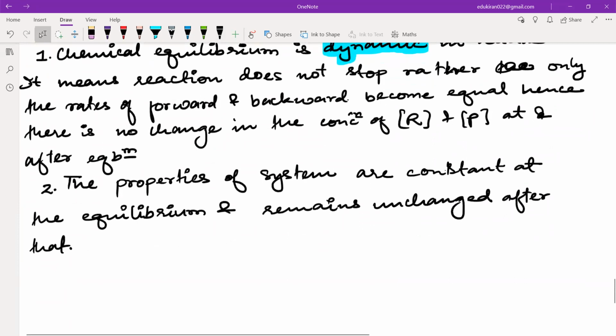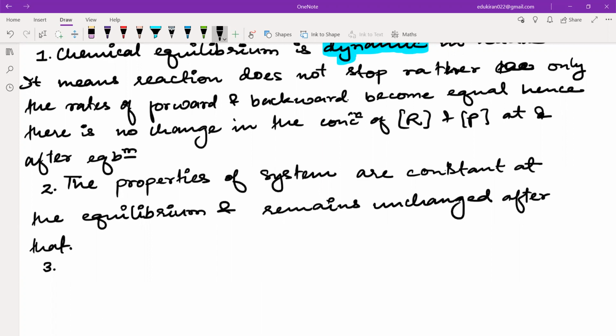Write the next point. Anna, what is the property that we are talking about? In chemistry, we mainly talk about the concentration. But if there is a gaseous molecule, then we will talk about pressure also, but essentially speaking, concentration and pressure.